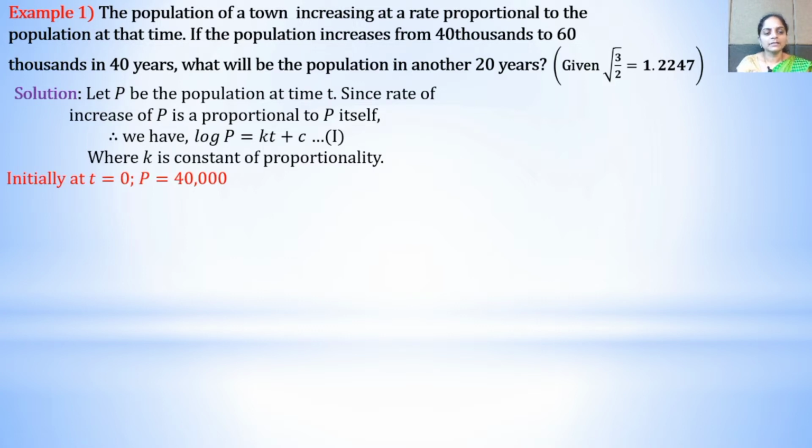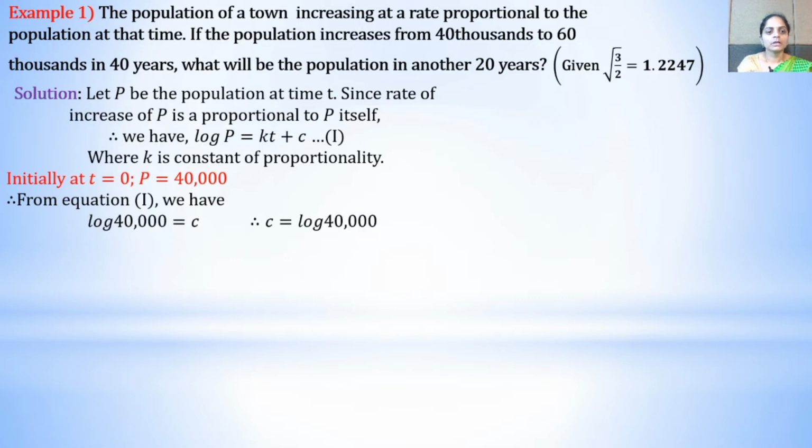Initially at t equal to 0, P equal to 40,000. Now we substitute this value in equation 1. So equation 1 becomes log of 40,000 is equal to C. Therefore C is equal to log of 40,000. Now we substitute the value of C in equation 1. So equation 1 becomes log of P is equal to Kt plus log of 40,000.